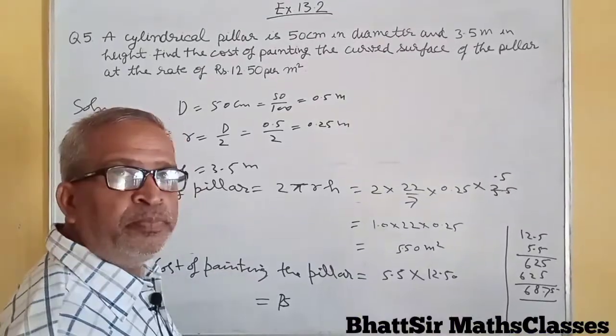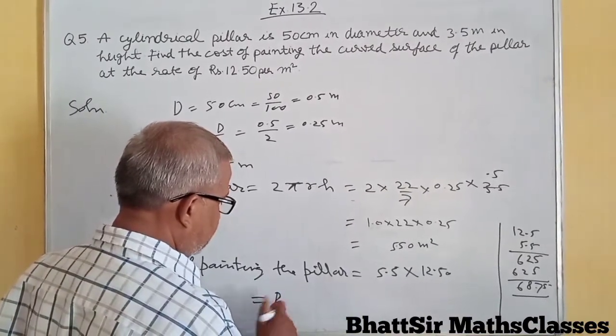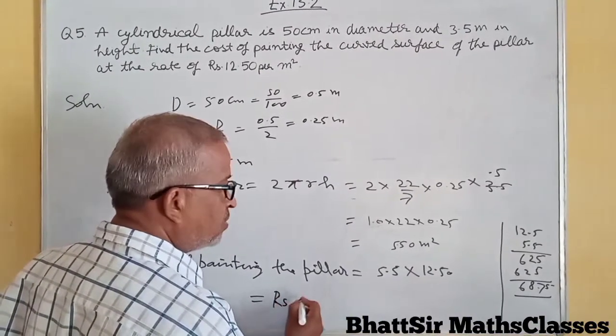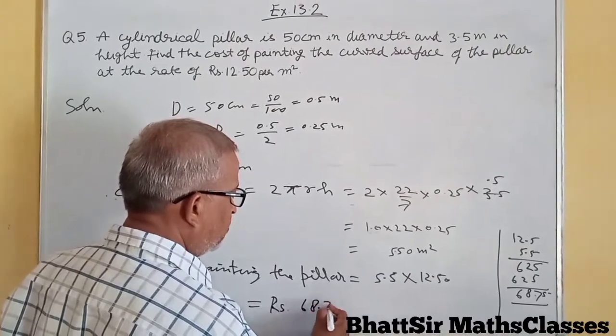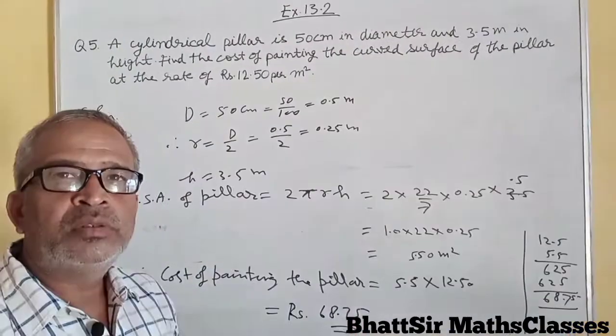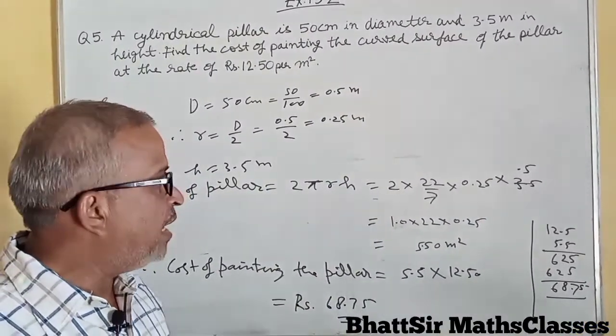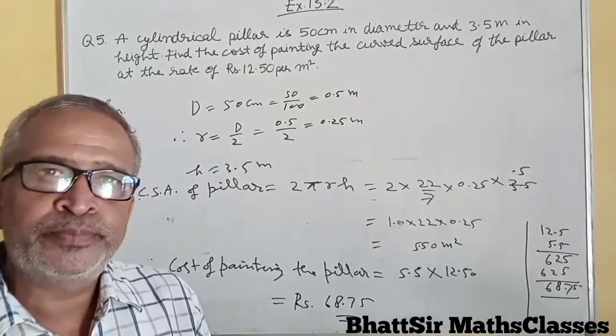The cost of painting the pillar equal to rupees 68.75. Answer is over. So note this solution down in the notebook, and I am giving a few seconds to you.